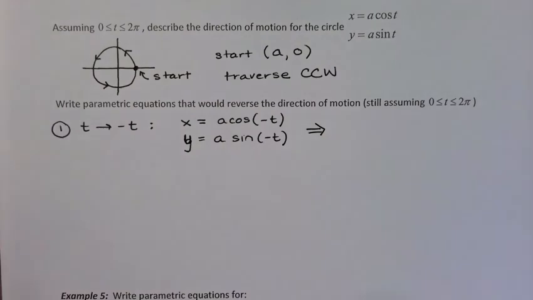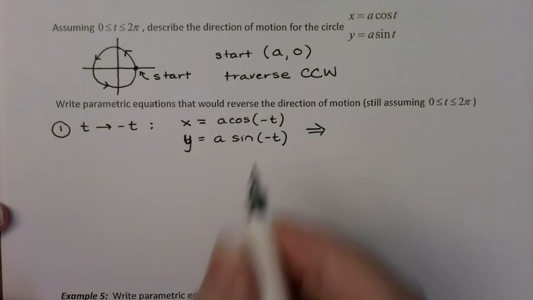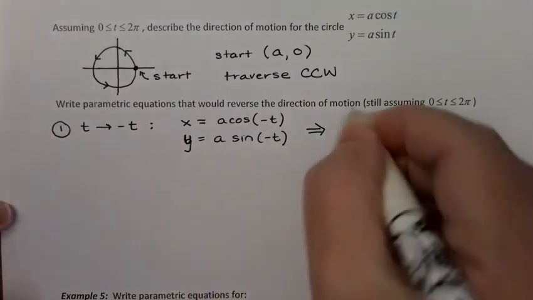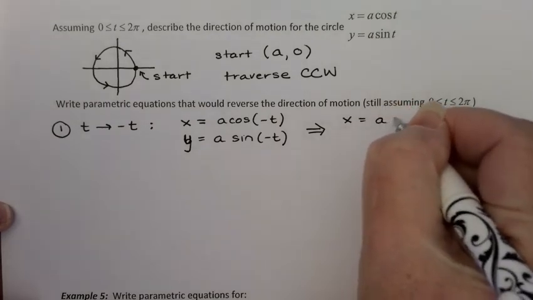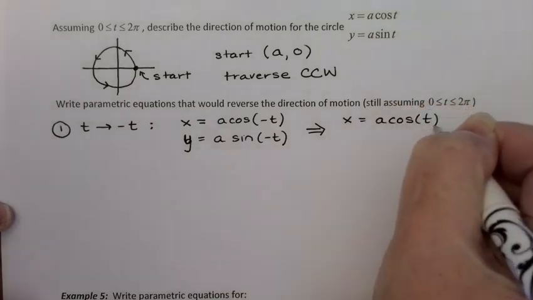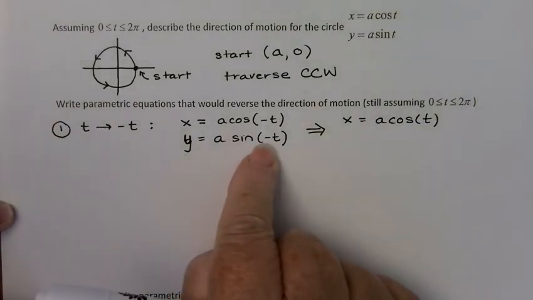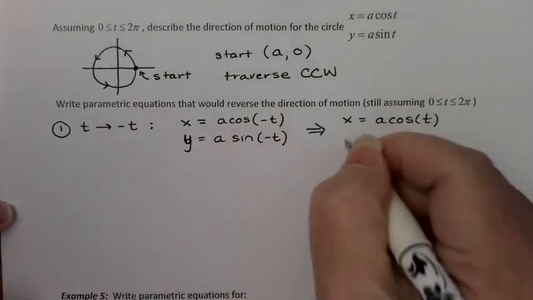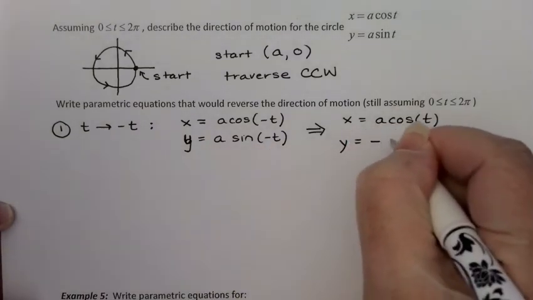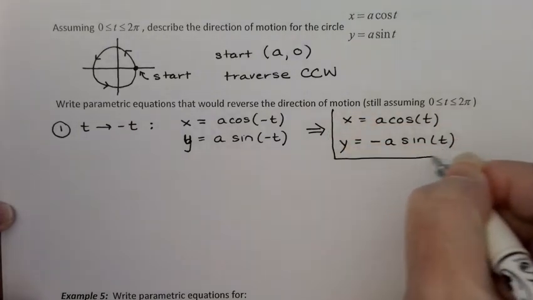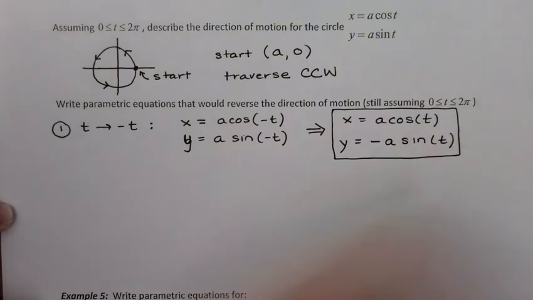And I'm just going to use a couple of, hopefully at least in the back of your mind, familiar trig identities here. Cosine of minus t is actually equal to cosine of t. It's one of those negative angle identities. So we're still going to have a cosine t, but sine of minus t is minus the sine of t. So y is going to become minus a sine t.